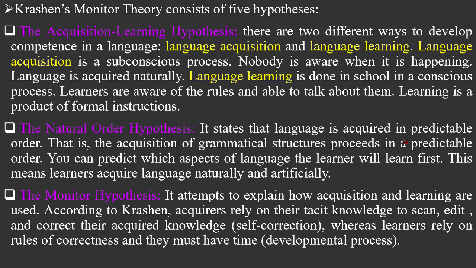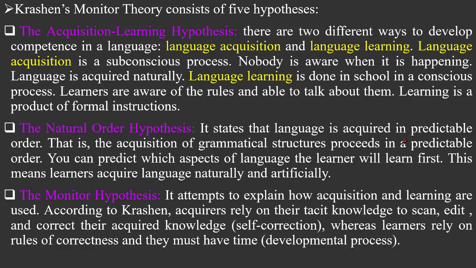In the second hypothesis, which is called the natural order hypothesis, this hypothesis states that language is acquired in a predictable order. That is, the acquisition of grammatical structures proceeds in a predictable order. You can predict which aspects of language the learner will learn first.